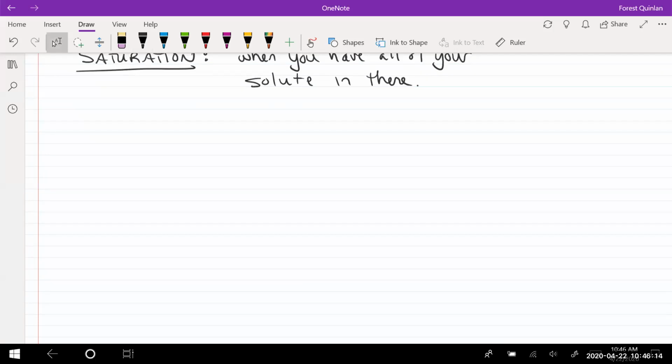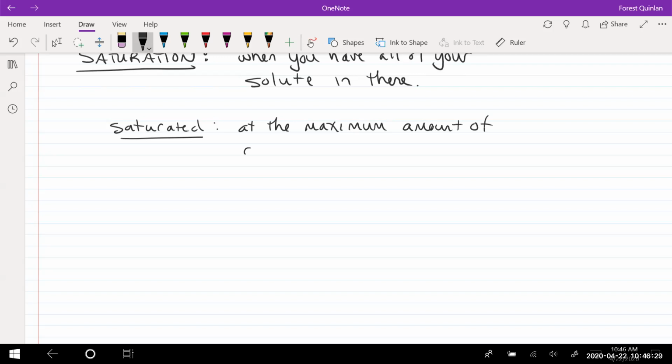There is, of course, saturated, and this is where you're at the maximum amount of solute in the solution.